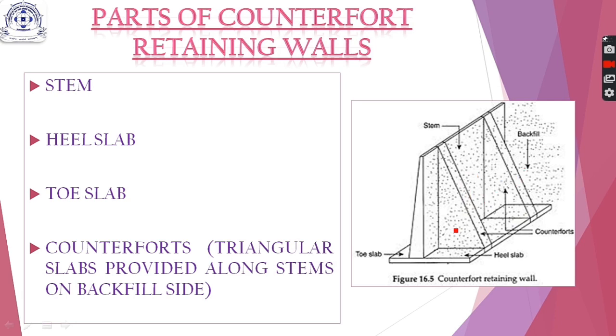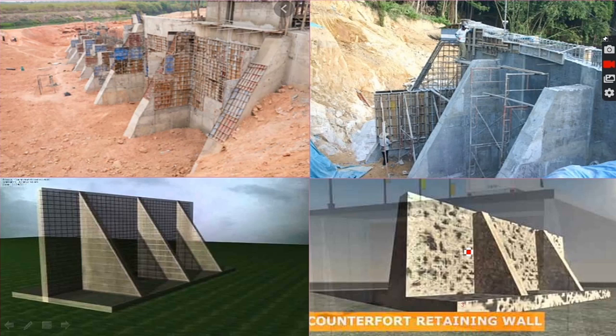So the presence of these counterforts affects the overall structural behavior of the other components of the counterfort retaining wall also. Therefore, its design and behavior is entirely different from that of a cantilever retaining wall. Now I have collected some pictures from the internet of different counterfort retaining walls being constructed at site.